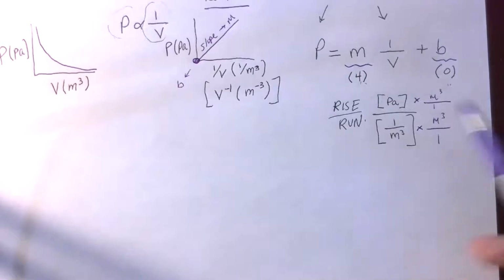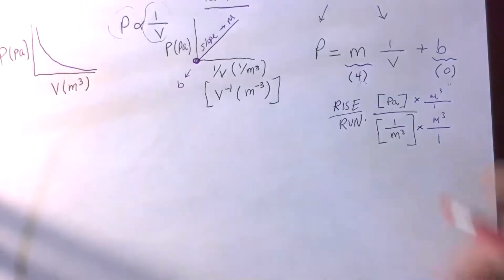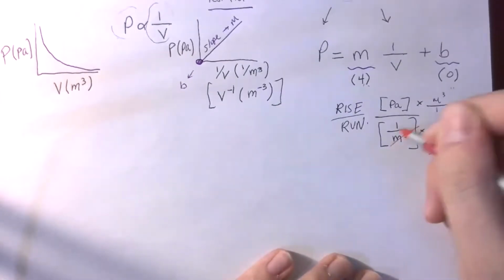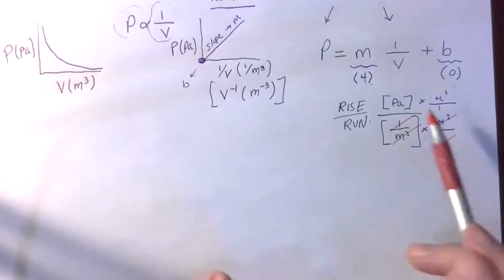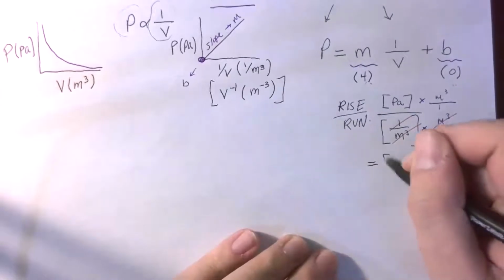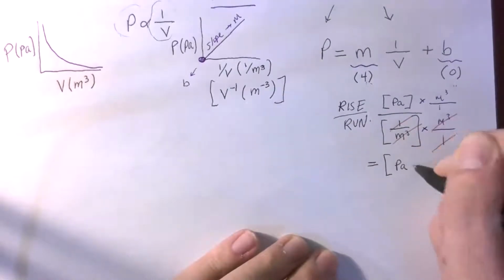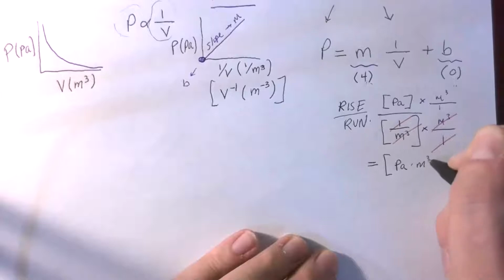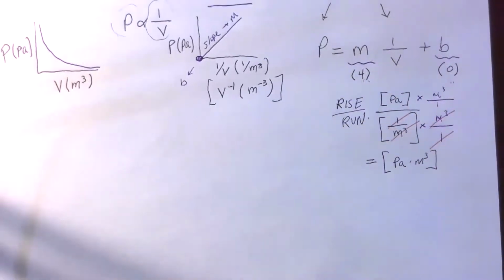So this divided by this is just 1, so we can do that without changing the problem. And that'll allow us to cancel out this whole denominator. And then I'm just multiplying across, which gives me the end result of a unit Pa meter cubed.